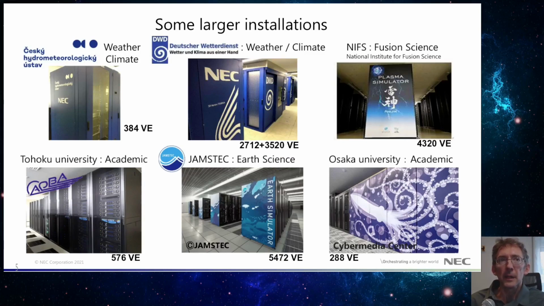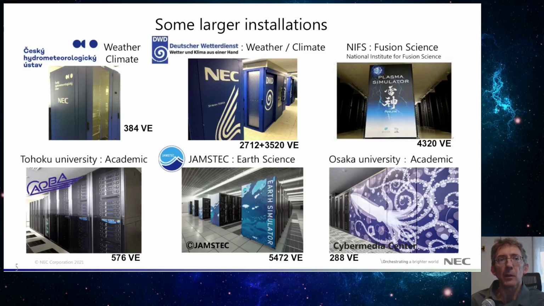We have many installations. Some bigger ones are on this slide. You see here Deutscher Wetterdienst, the weather service for Germany, has 2 large installations, a total of over 6,000 vector engines.